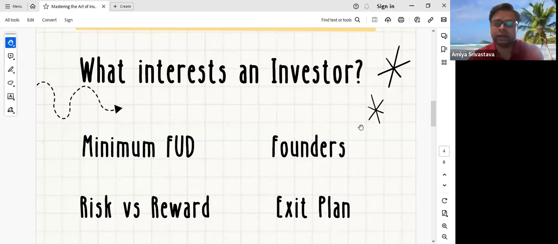FUD is fear, uncertainty, and doubt. And once you have done that exercise, you have to come back to it and answer those questions for yourself first. Okay. Once you've done that exercise, you will know where your major pitfalls are, potentially speaking. And you will be better prepared to answer those questions, and you will have better prepared answers when you're getting in front of someone.